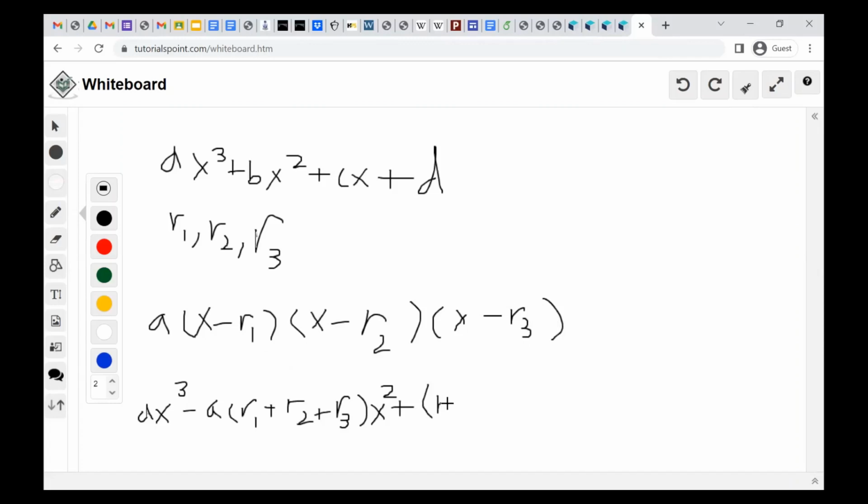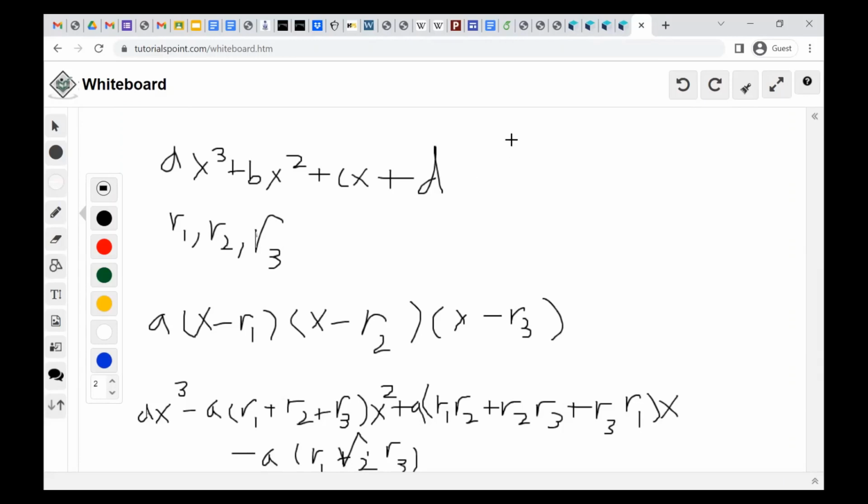So we get plus a times R1 R2 plus R2 R3 plus R3 R1 times x. And then the last term is minus a times R1 times R2 times R3.